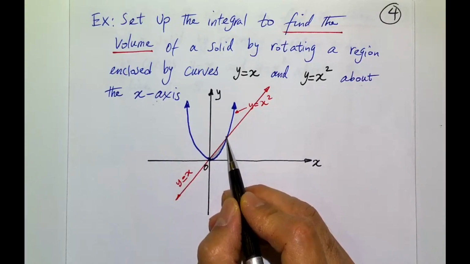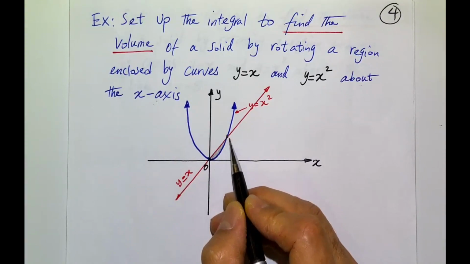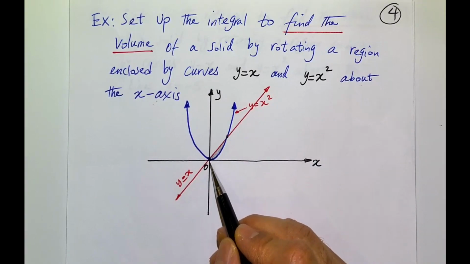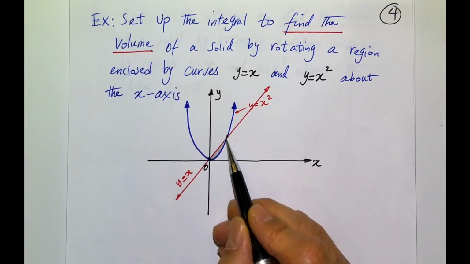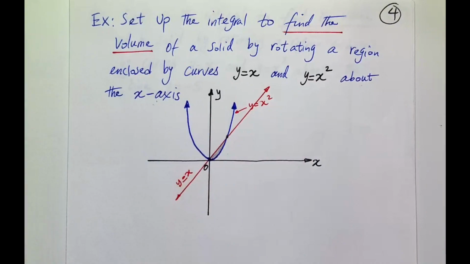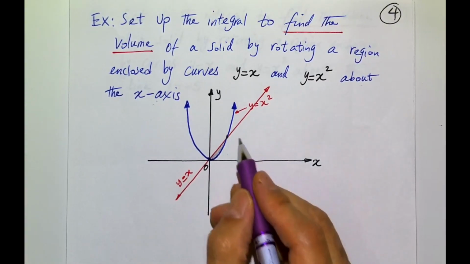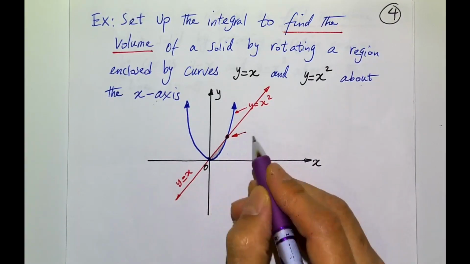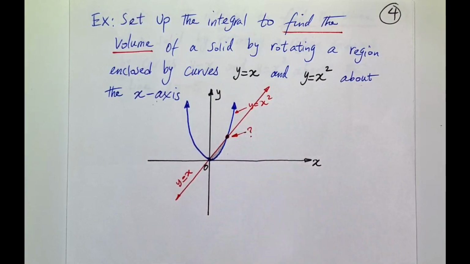That region is what we're rotating, and we're rotating about the x-axis, so we need to know what that point is, because the limits of integration are going to go from 0 to that x value, whatever they intersect. So we need to find what that point is. Let's call it question mark.